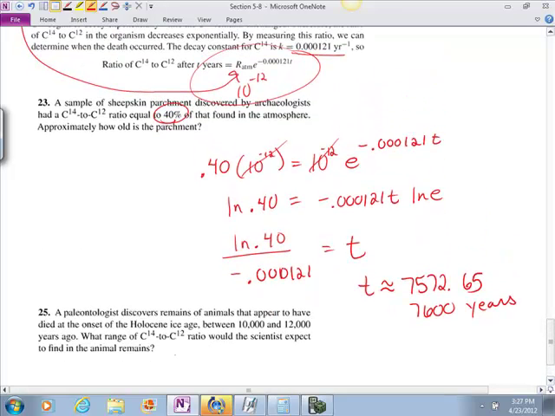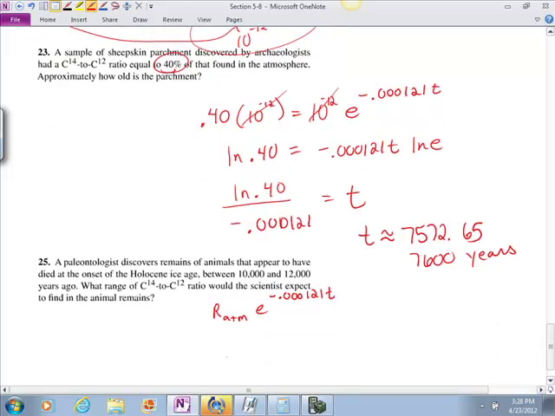The ratio after t years is R_atm times e to the negative 0.000121 t, right? Well, and we know that R_atm is 10 to the negative 12 on the Earth. So this is how much we can expect the ratio to be.